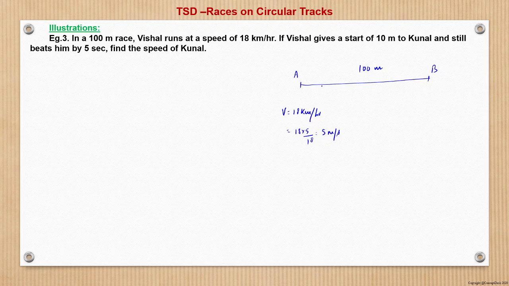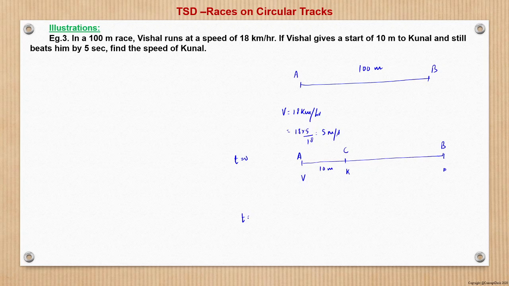Now, if Vishan gives a start of 10 meter to Kunal, it means that at time t equal to 0, when Kunal is somewhere here, then Vishal starts the race, right? So this is 10 meter, point A, point B. And still beats him.